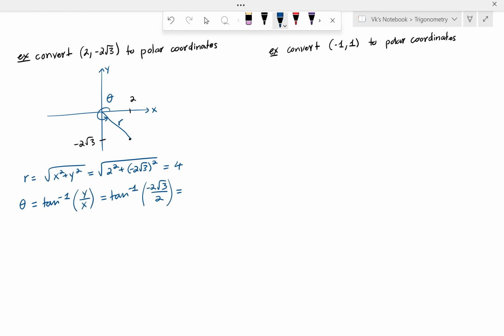And arctangent of -root 3, in the calculator, gives us -0.3 or so. Because the angle lies in the fourth quadrant and the angle is positive, we're going to add 2 pi.